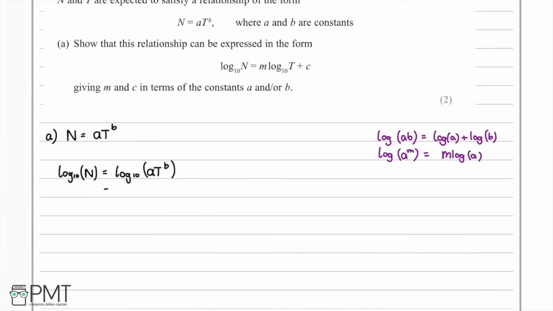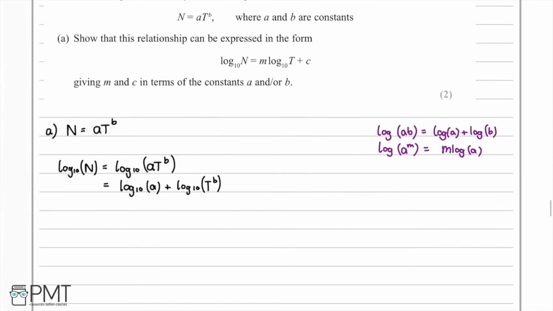So this equation will be equal to log10 of a plus log10 of t to the power of b. And then we can use the second log law we have here, where log of a to the power of m is going to be equal to m log of a. So you can see here we take the power m and move it in front of the log term.